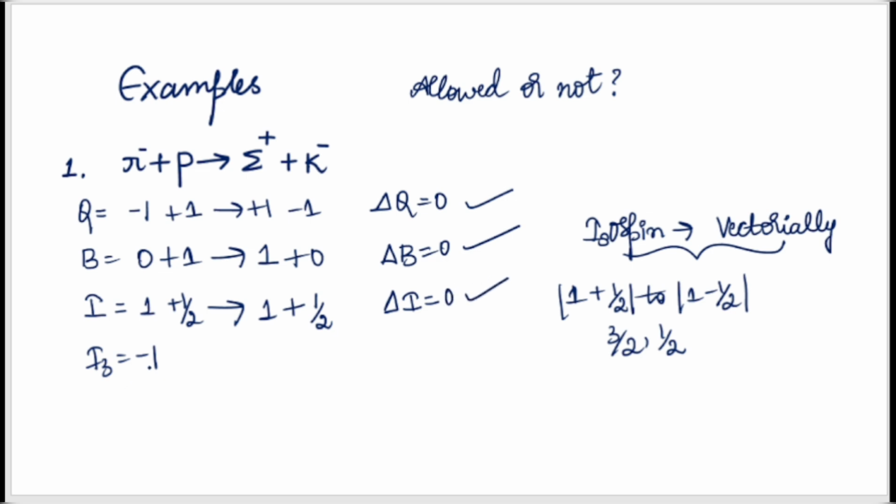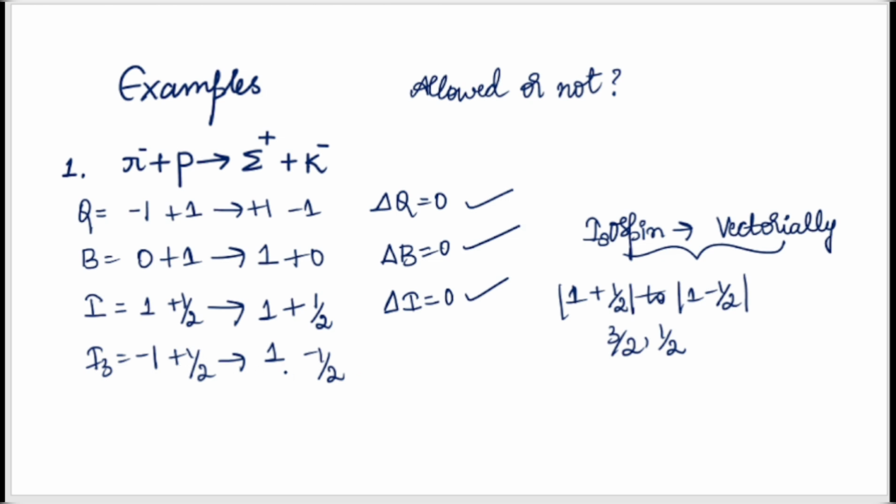So it is minus 1 for pi negative, for proton it is plus half. For sigma positive it is half only, for K negative it is minus half, right? Whereas the isospin, leaving this, everything is added normally only. So the third component of the isospin is added under the normal addition.